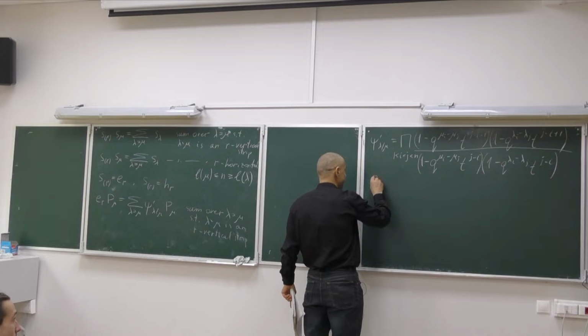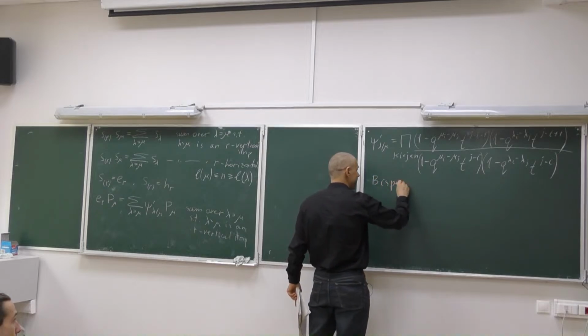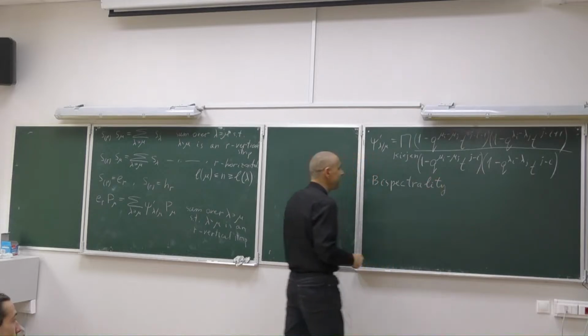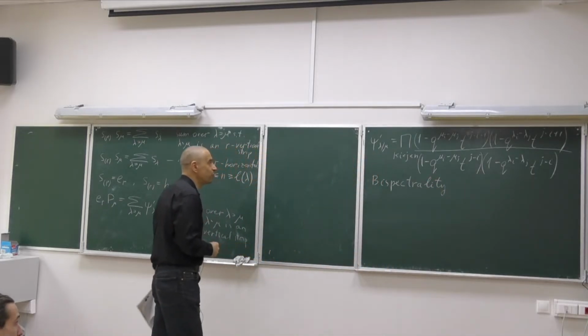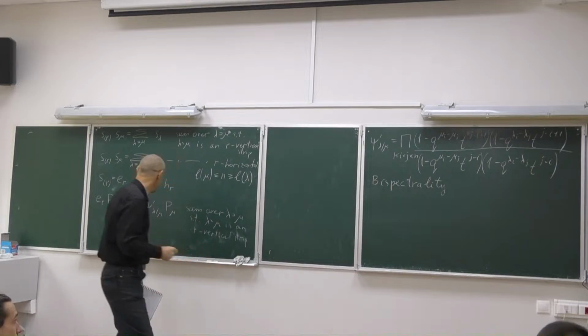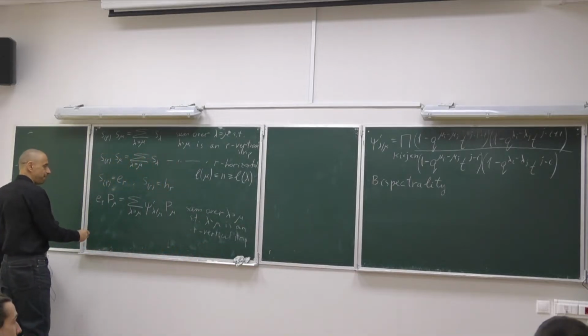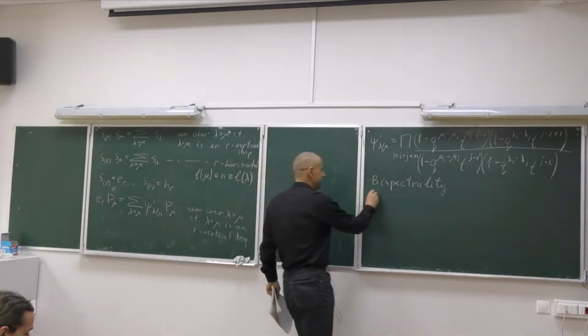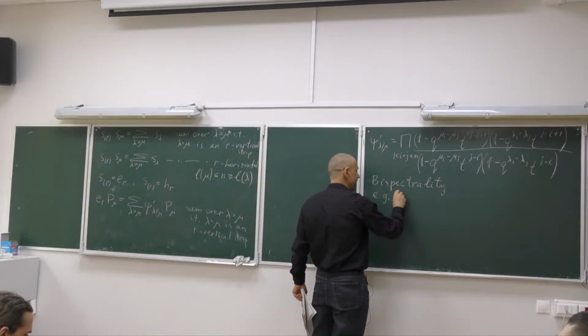It's called bispectrality. So what does it actually mean? Well, say let R be 1.